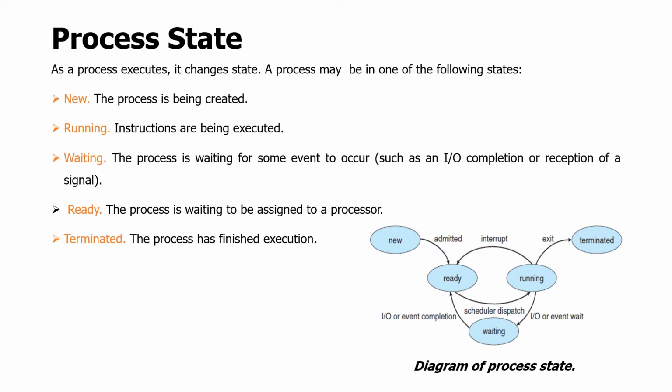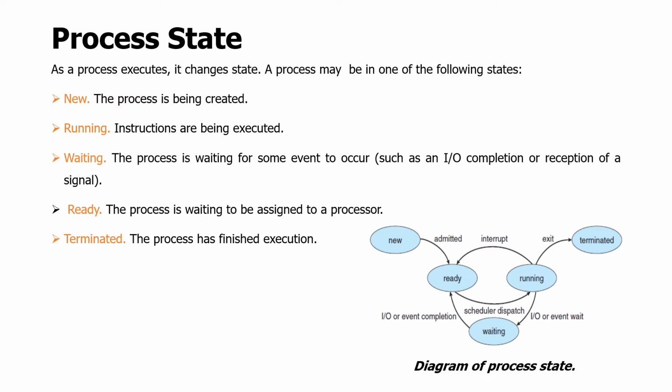The next we have is ready. What is meant by ready? After the completion of an IO operation, the process is now ready to execute. But it cannot move directly from the waiting state to the running state. It has to be kept waiting in a ready queue until the CPU is available to execute the process.